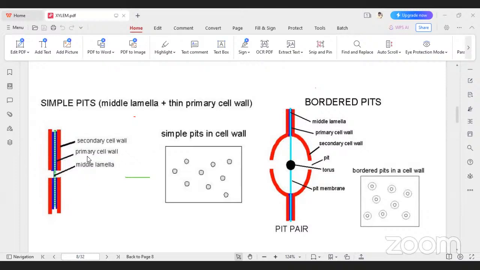If you see the simple pit in detail, let me take a marker. Middle lamella first, either side, primary wall layer. Let me change color. Red, primary wall layer, and secondary wall layer on either side. Another color, blue.